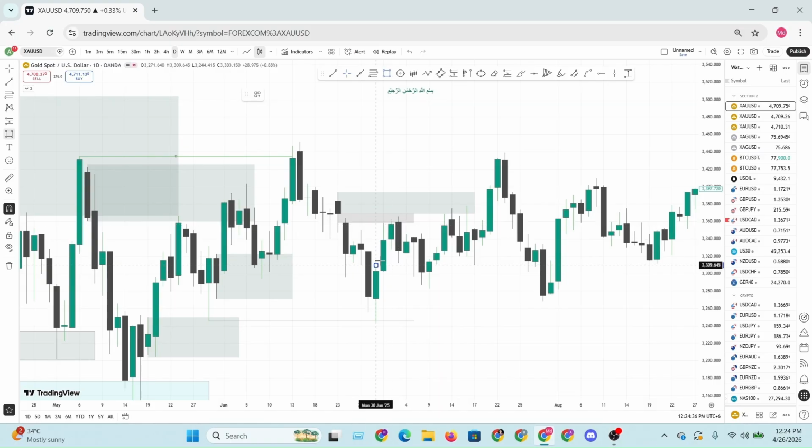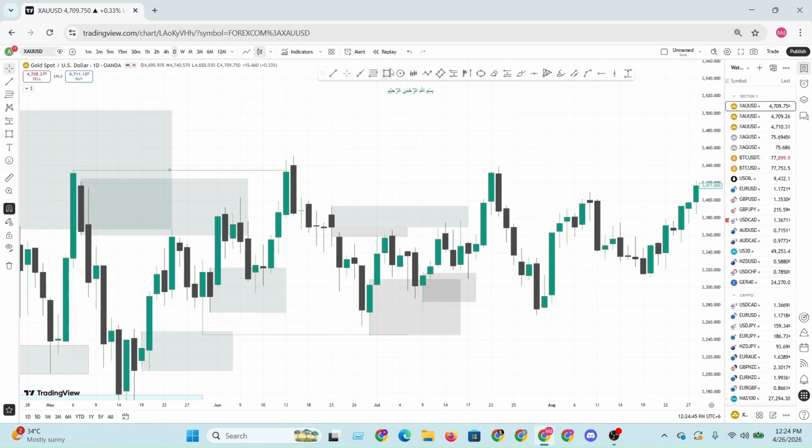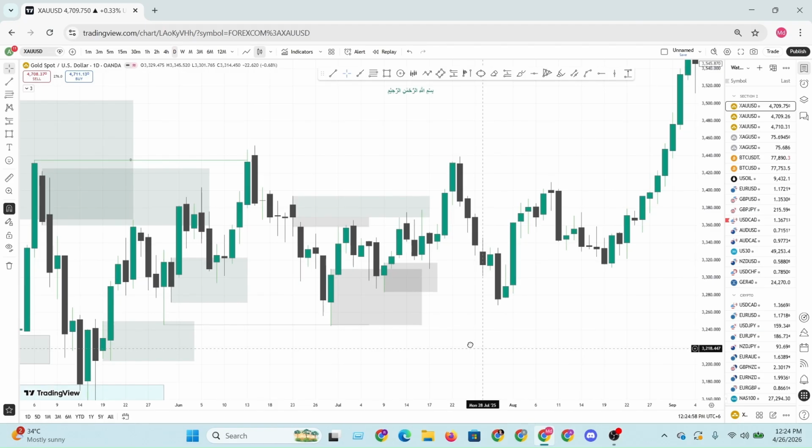See this POI, and this POI to this, and here to there. Okay, and this POI to all this liquidity, and it moves back, and again this.